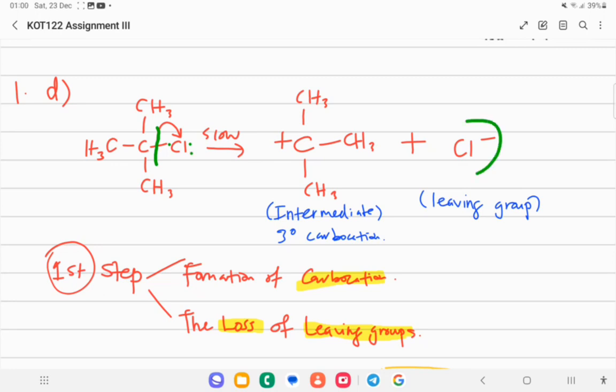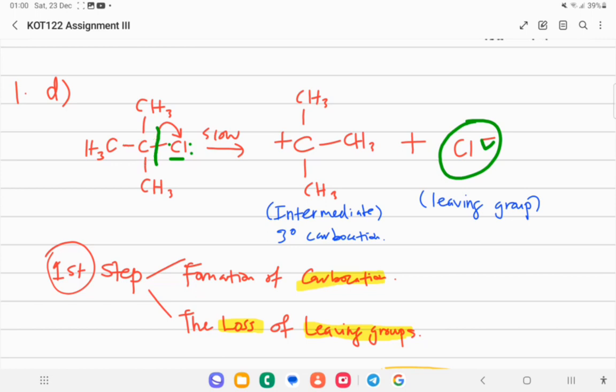So this is the product, the leaving group, and there is a negative charge here. Because our chlorine atom just left as the leaving group, the bonding around our carbon atom is not enough.